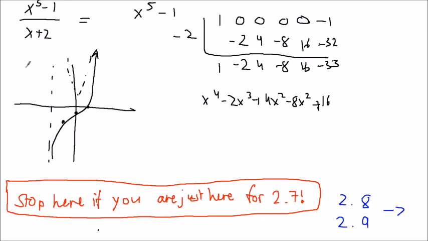This graph right here, what does the graph look like on the left? Well, let's test it out. Minus 3 plus 2 is minus 1. Minus 3 to the 5th, that's minus 244. So it'll be big positive, and then the bigger it gets, the bigger positive it'll get.